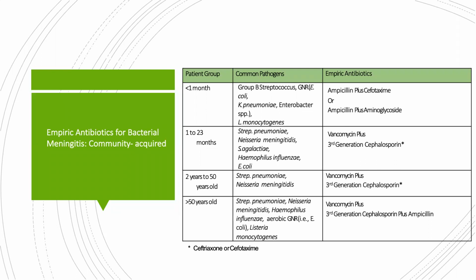When we move to 1 to 23 months old, we know that we're worried about the strep pneumoniae. We're worried about the meningitis. We have the strep agalactiae, and then we have the H. flu and E. coli. So we can use empirically vancomycin, and we're adding in that cephalosporin. So I want to be abundantly clear here.